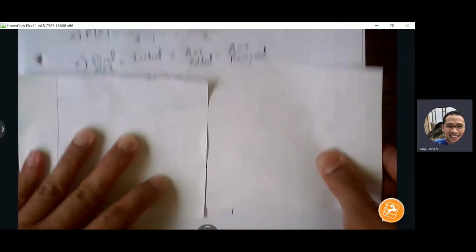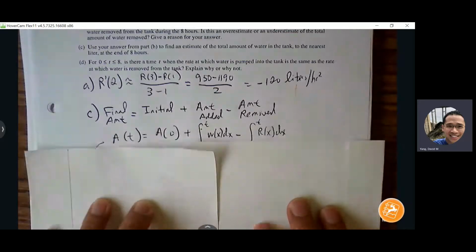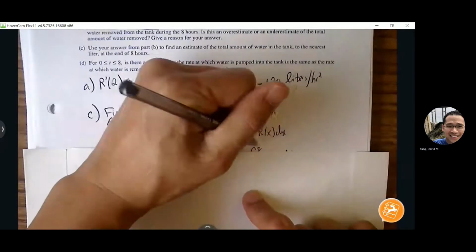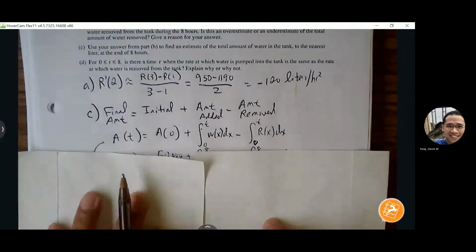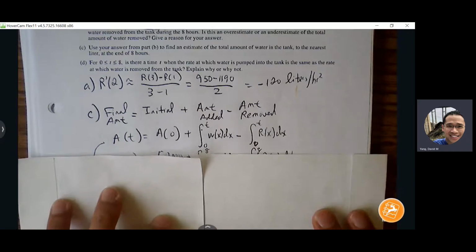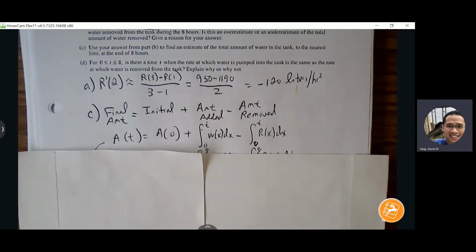So if we build it specifically for this scenario, then we can say that the total amount that we're looking for, the amount of water A of t, is going to be made up of a couple of pieces of information, right? There's the initial amount that we're starting with. There's the amount added, which is given by that W of x.